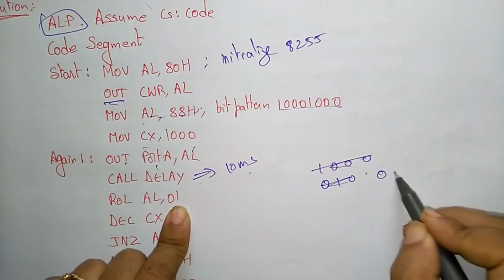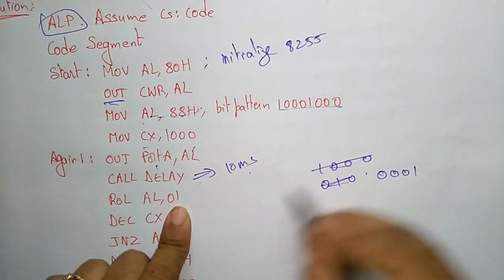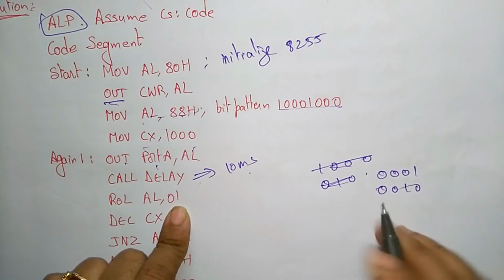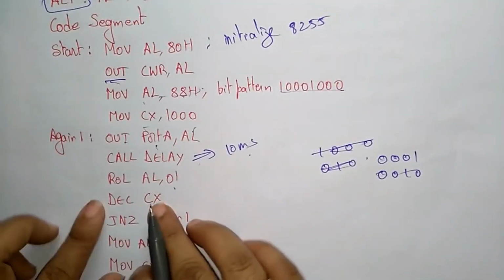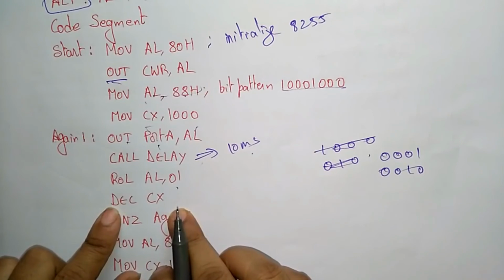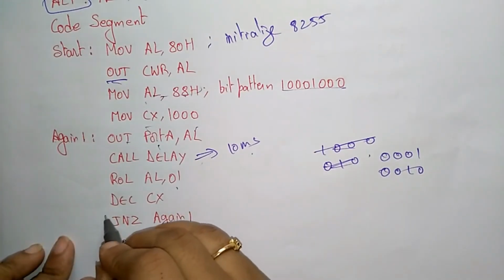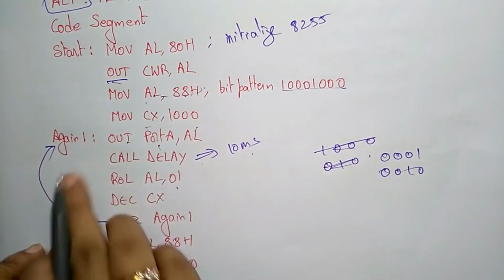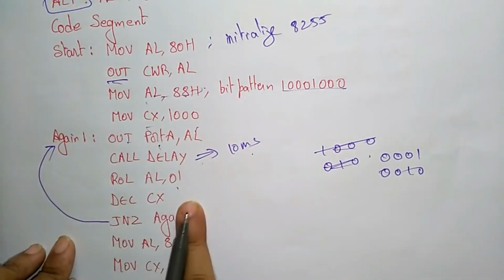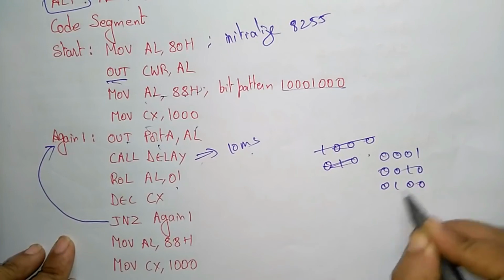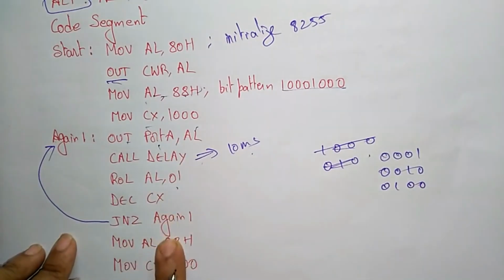Now let's take 0001, moving to the left side, 0010. Rotate left. It checks whether the decremented count is 0 or not. If it is not 0, jump not zero, again go to again. Now again rotate, 0100, until the count becomes 0.